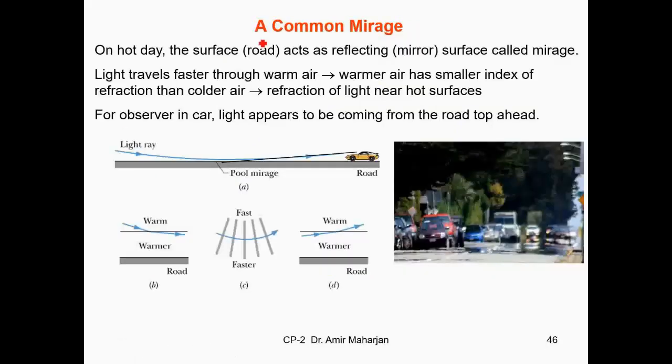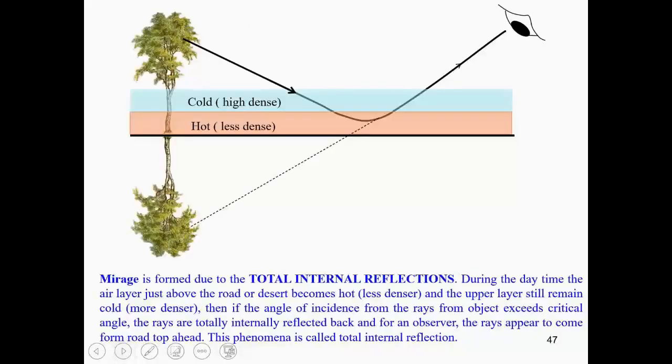The common mirage you will see is also because of reflection, because during hot days the road just appears to be a reflecting surface. It's the same thing, because we already know total internal reflection. During hot days, the air just above the road surface becomes hot. Hot means less dense, but the layer above that is still cold.